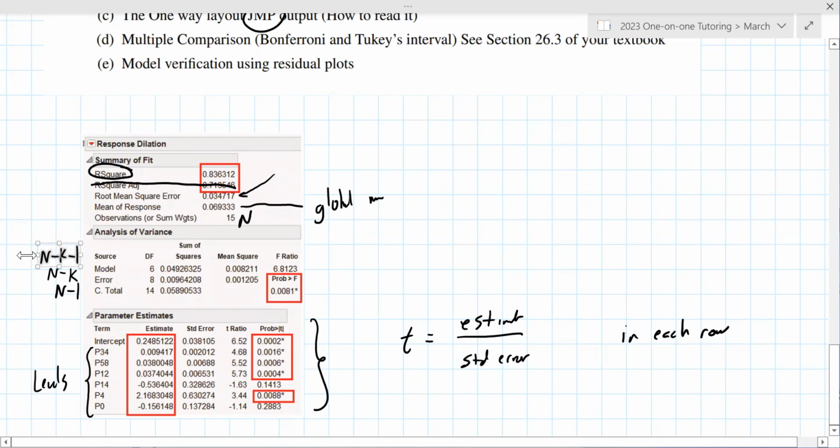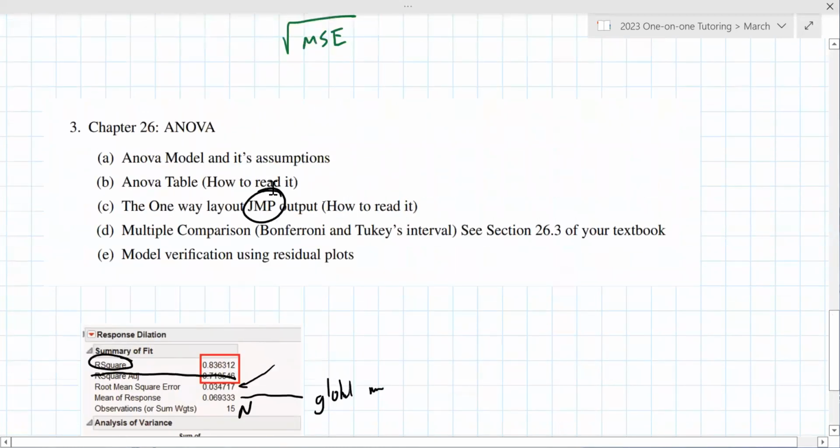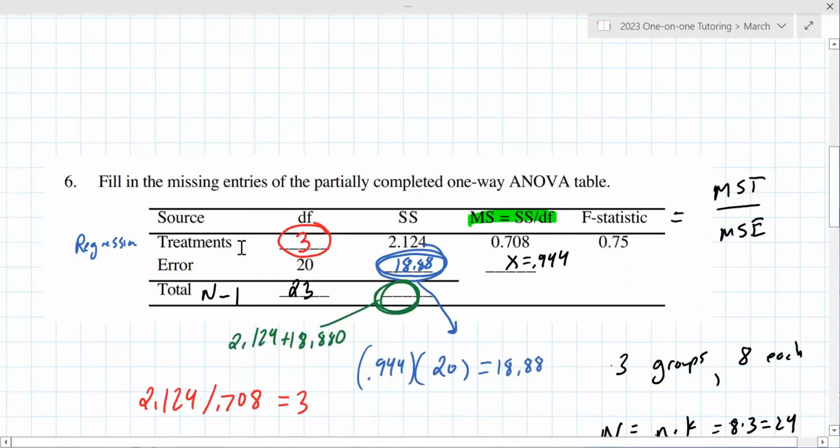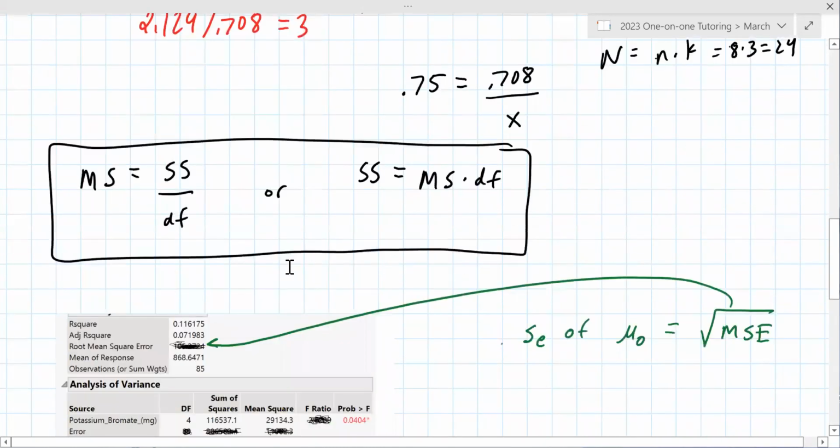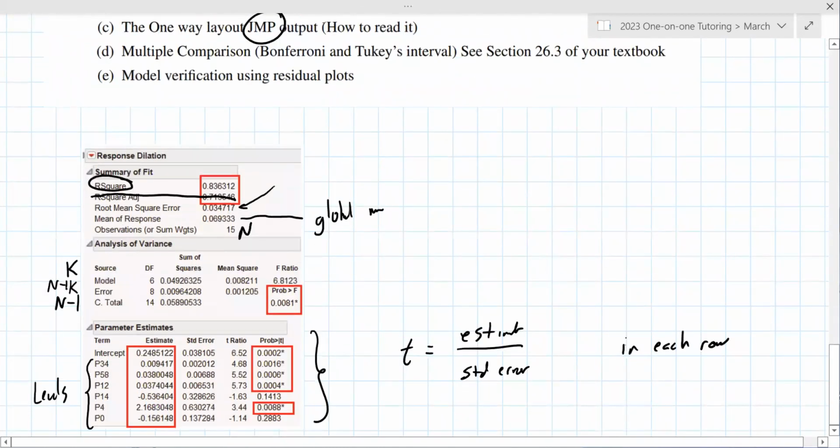I got this wrong. Give me a moment. The model is just K. That's the mistake I've made. It is correct back here in the one we did. We said that this was K, 3 treatments, N minus K, or N minus 1 minus K. Got it. That makes sense now.